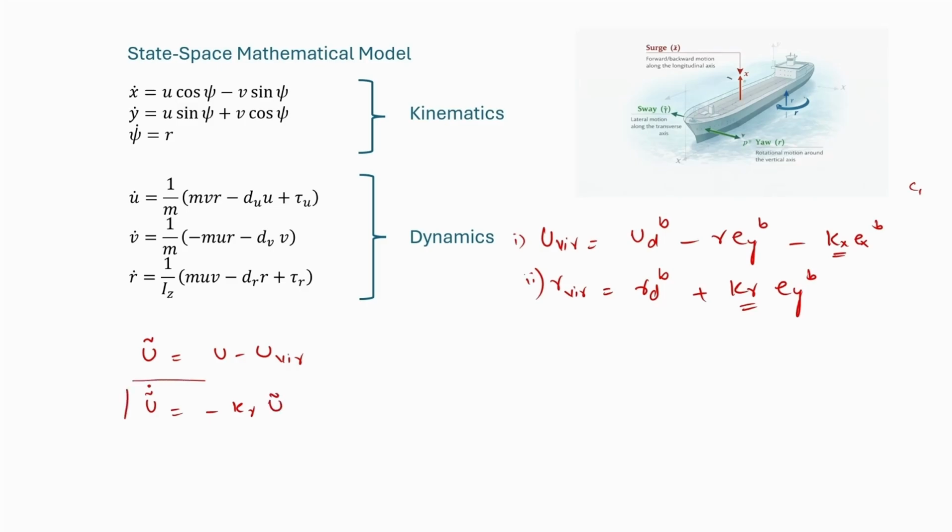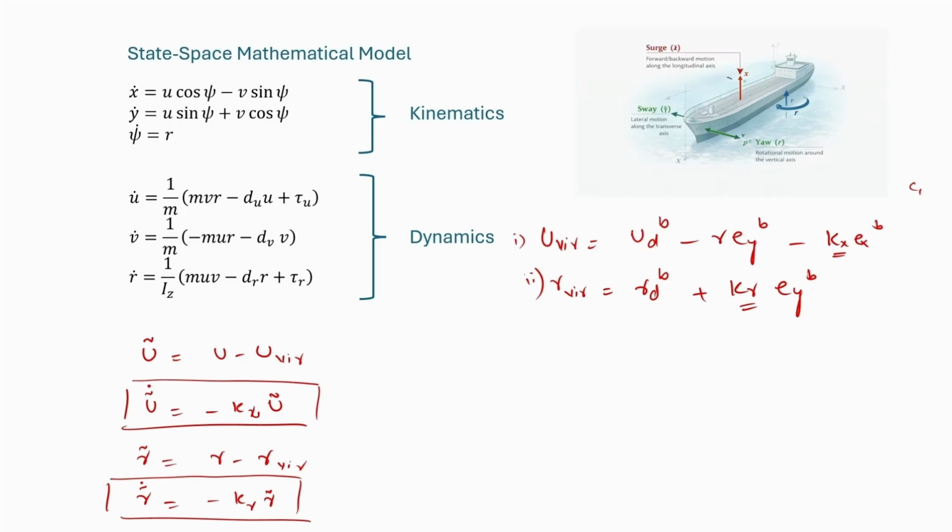So when we can achieve this criteria, it means we are achieving asymptotic stability. So this is our aim. Similarly, for r tilde, we will define r minus r virtual, and our aim will be to achieve its rate of change equal to minus kr r tilde.